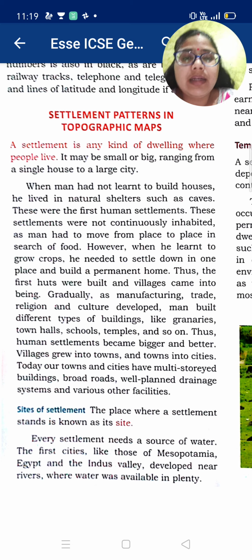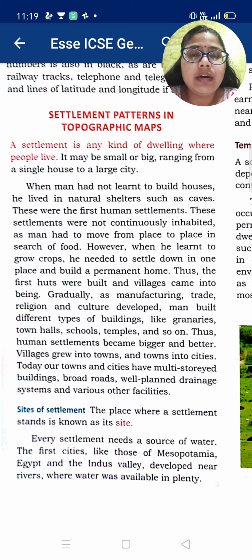So to fulfill the requirements of all these, they started building buildings like granaries for storing food, town halls for prayers, schools for education, and temples for worship. So these buildings also came into existence, and this is how settlements started becoming bigger and better.